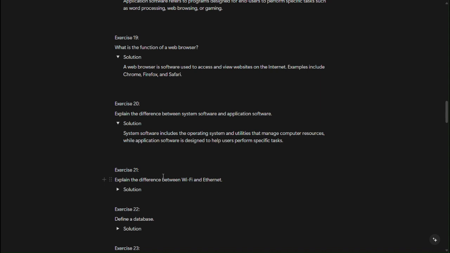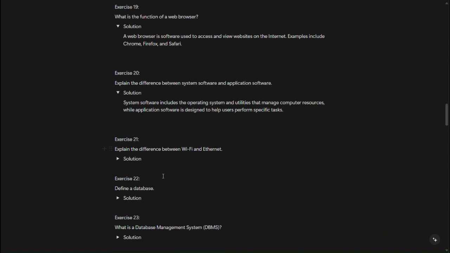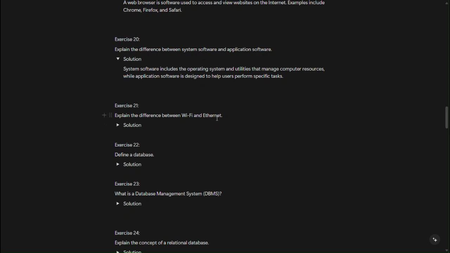Now, exercise 21, explain the difference between Wi-Fi and Ethernet. Wi-Fi is a wireless network technology. It allows devices to connect to a network without cable. Ethernet is a wired networking technology that uses cable to connect devices to a network.